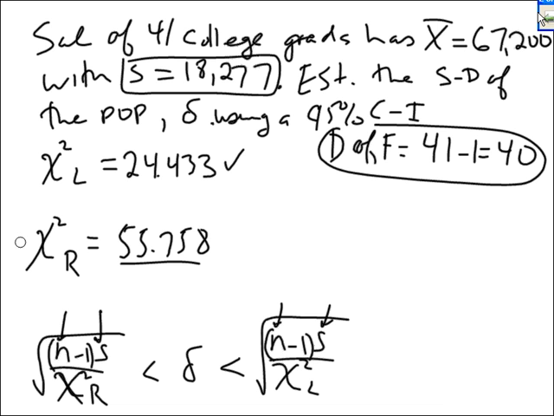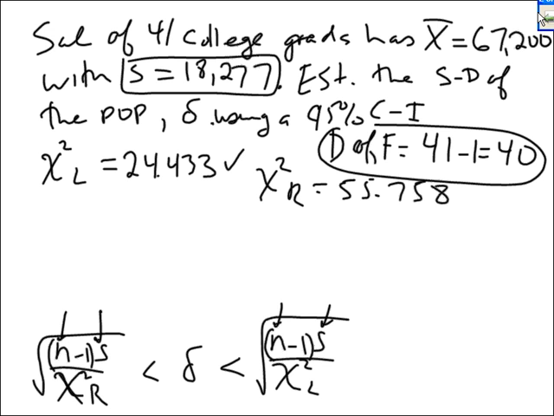Okay, let me just move this number over a little bit. Chi-squared R is 55.758. So now we use the formula at the very bottom. N minus 1 is 40.